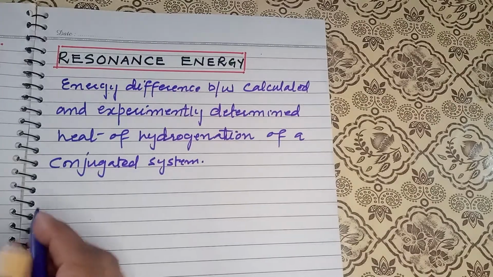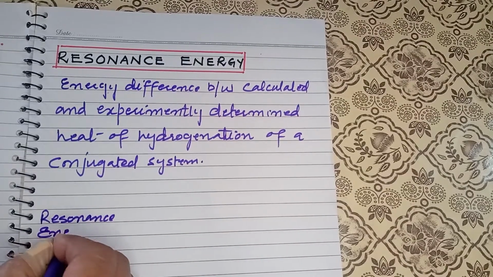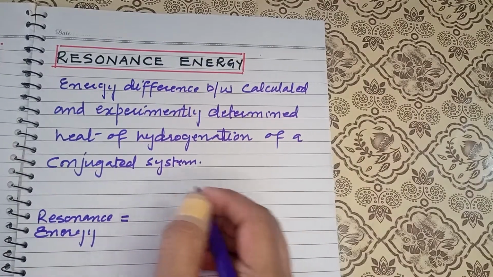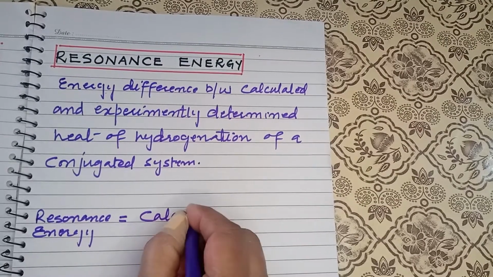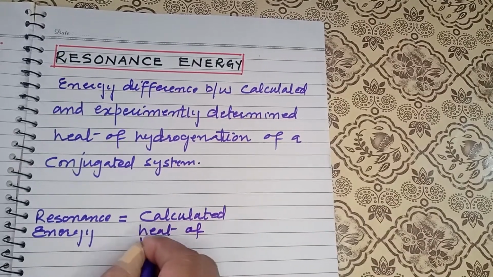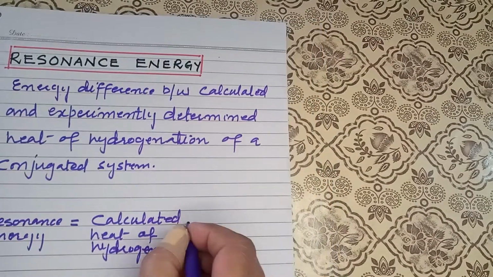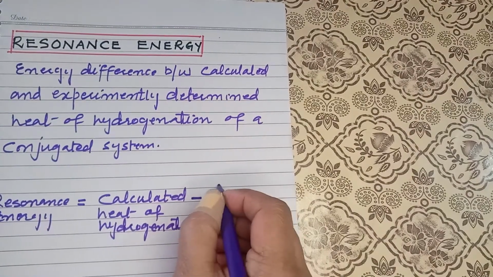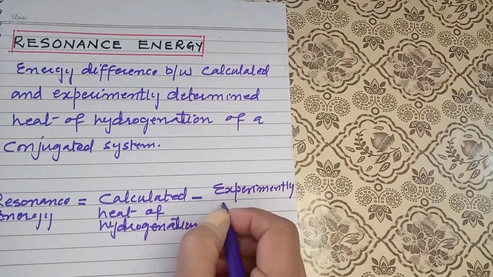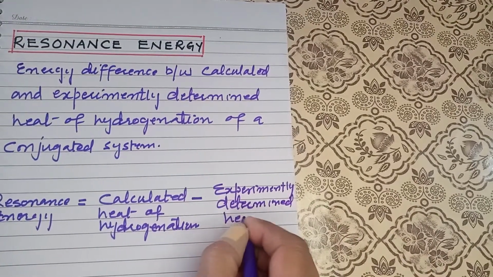Resonance energy is equal to the calculated heat of hydrogenation minus the experimentally determined heat of hydrogenation.